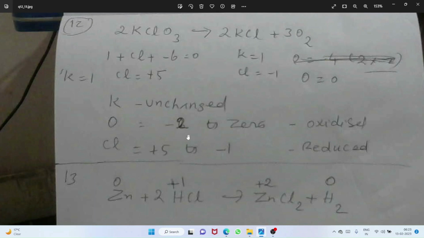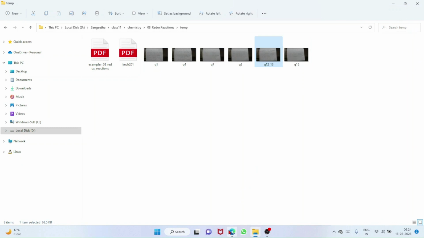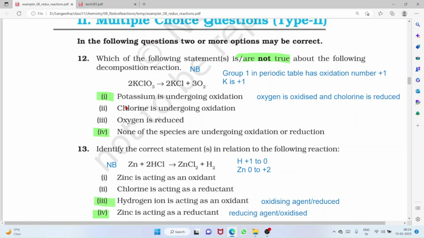Oxygen -2 to 0, that is getting oxidized. Chlorine getting reduced. Okay. So potassium is unchanged, and here oxygen is getting oxidized and chlorine getting reduced. So these two are not true. Okay, it is undergoing oxidation they are given, but it's actually unchanged.